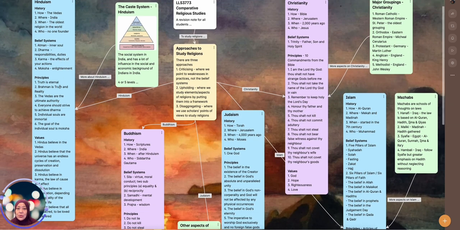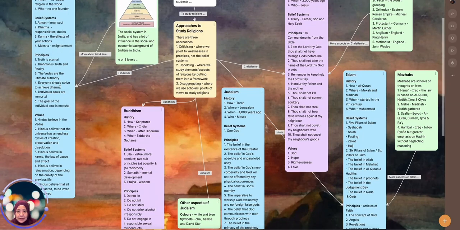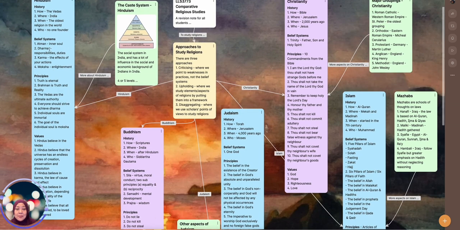The rest you can explain at random, but some of them are arranged because of their importance. Especially for principles and values, they are arranged based on importance, but they can be explained at random. Unlike the belief system, which must be explained in order.